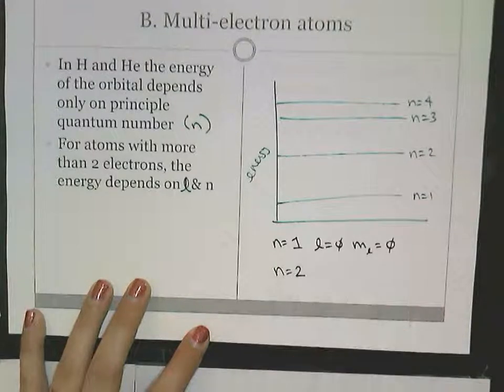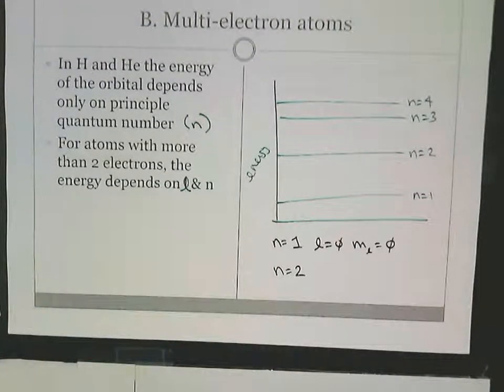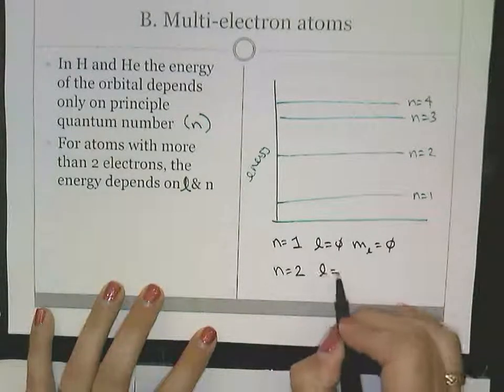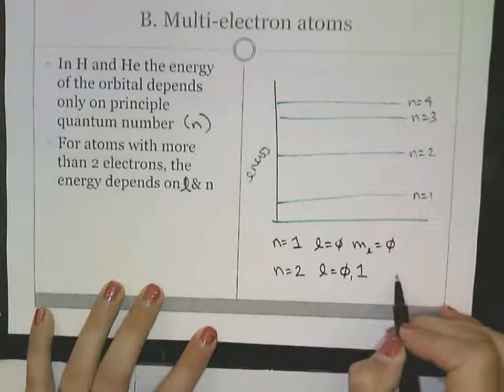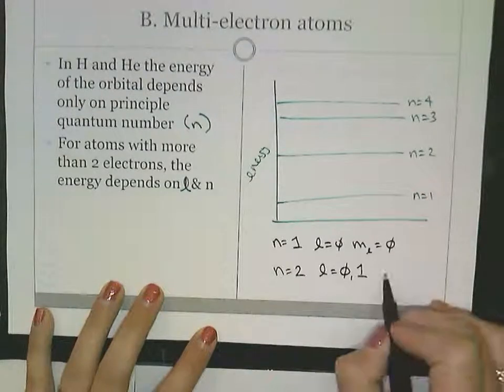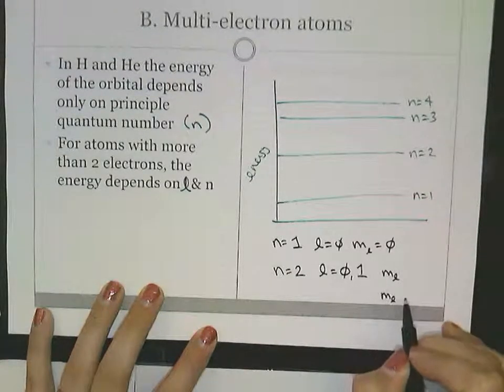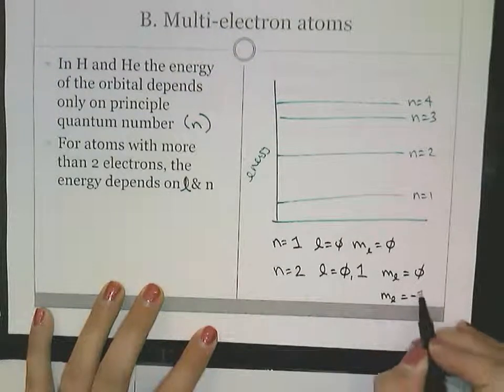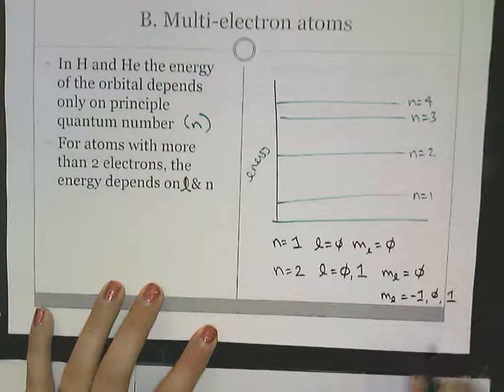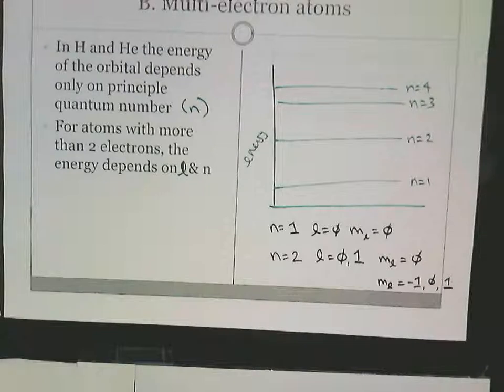What if I have N equals 2? What are my options for L? So then if I do M sub L, I have to actually do 2 sets of M sub L. So how many orbitals are possible if N equals 2? 4, right? 4 different possible orbitals. If L equals 0, then it's 0. If L equals 1, then it's these 3. But altogether I have 4 different options.